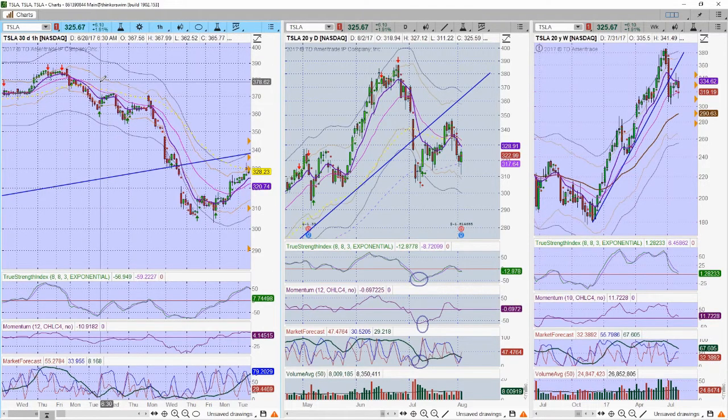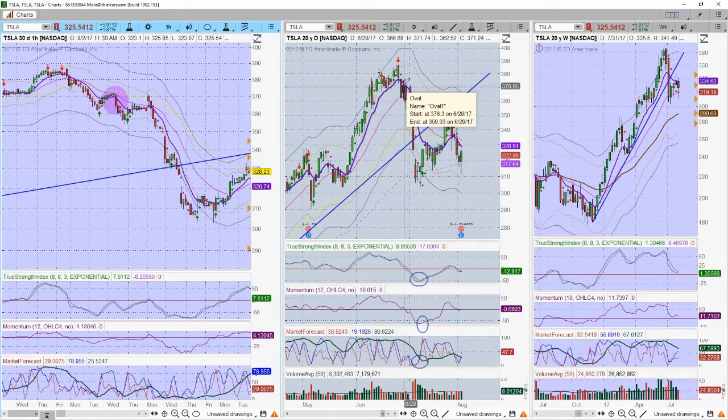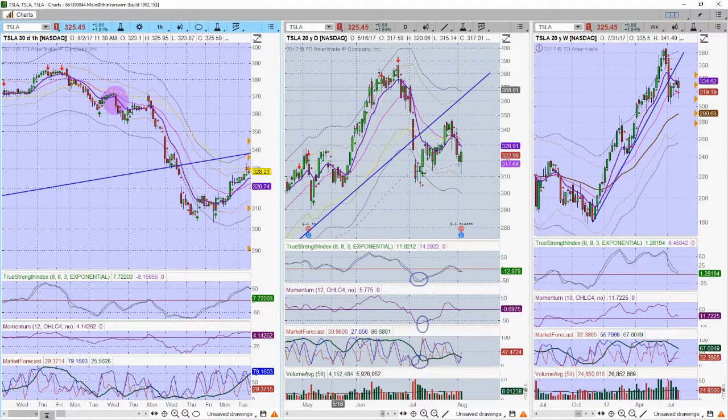It runs back up to the 8-period moving average, and you see then it fails. I can draw in a circle here to say that's where we failed. That corresponds to this failure pushing up against the moving average. And again, these intraday, daily, and weekly clues are telling us, okay, here's how to trade around this.